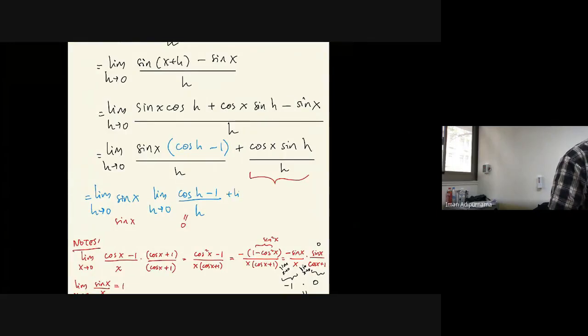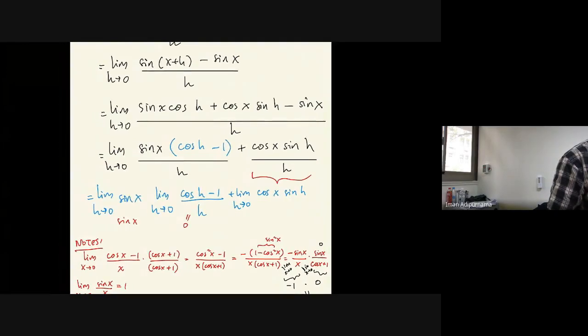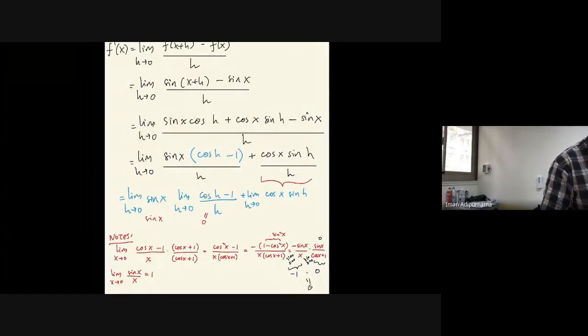So let's write the limit as h approaches 0 of cos x sine h over h, plus the rest.